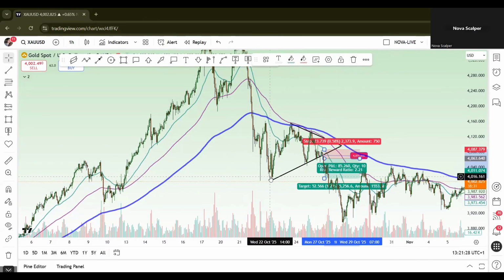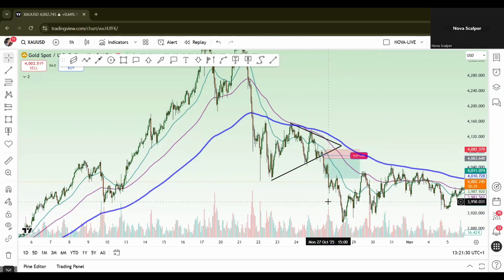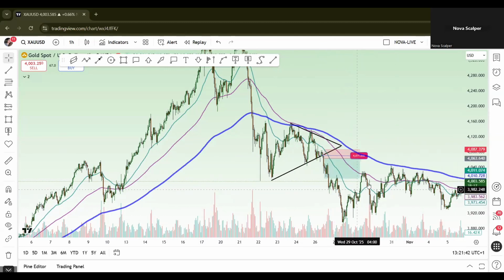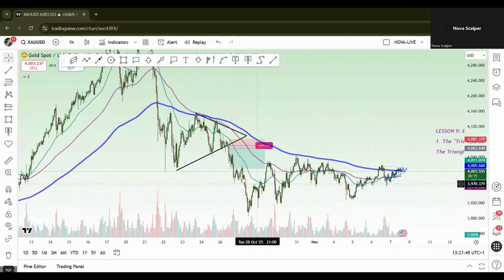So that's it. You can see that our risk reward ratio is increased up to 2/1.